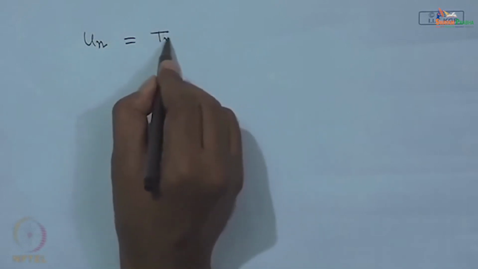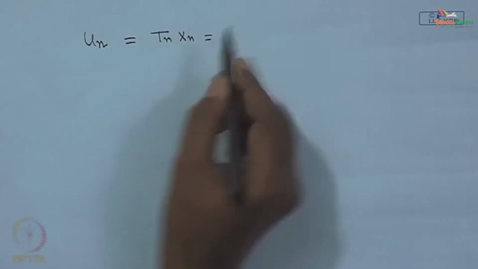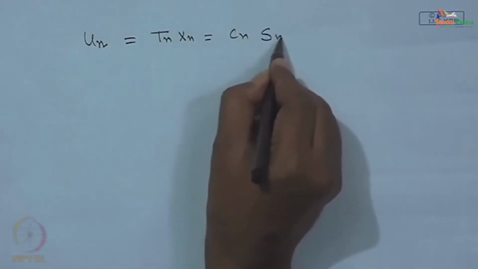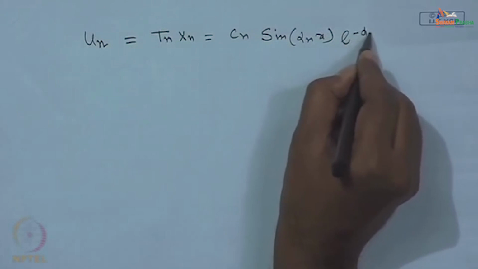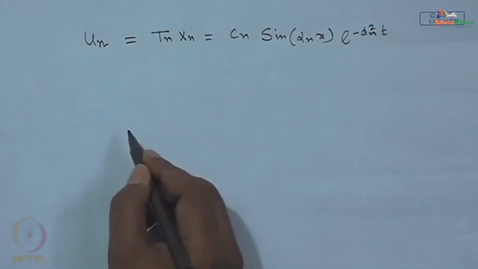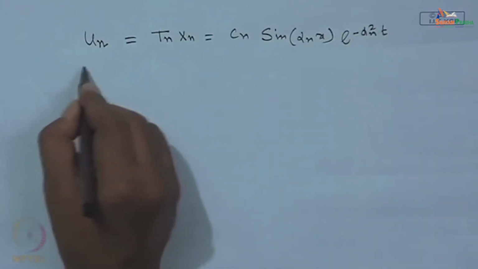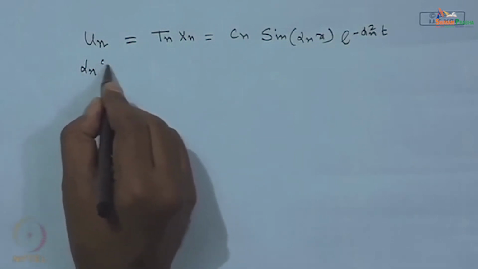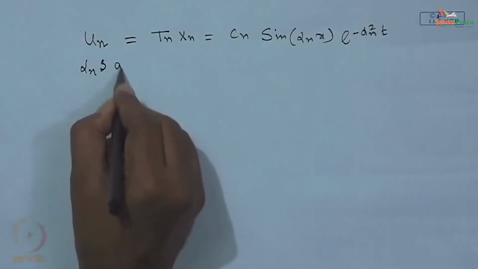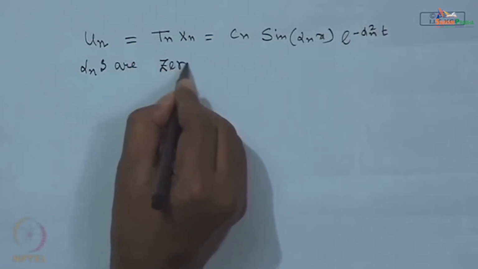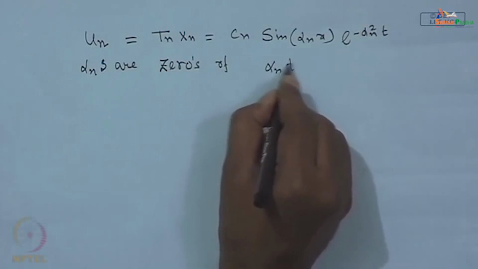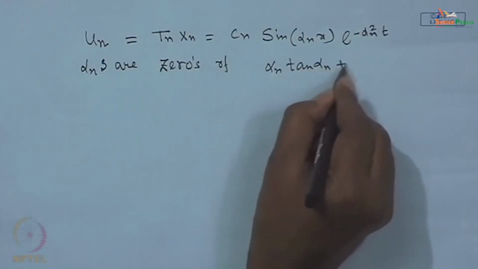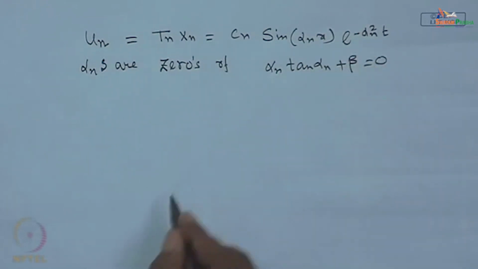So this becomes T_n times X_n is equal to C_n sin(alpha_n x) e to the power minus alpha_n squared t. And if you remember, the alpha_n's are the roots or zeros of the transcendental equation alpha_n tan alpha_n plus beta is equal to 0. Now, in this class we will complete this problem.